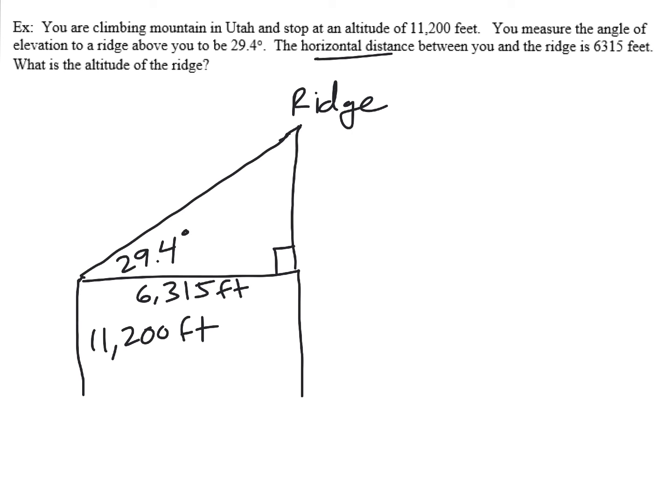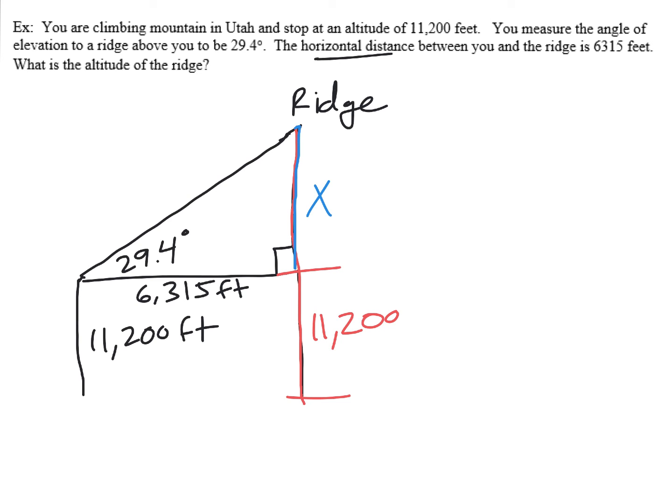We want the altitude of the ridge, which is, on my diagram, this. But keep in mind, this part right here, I don't really care about it until the very end, because I just need to tag on 11,200. What I need is right here, okay?